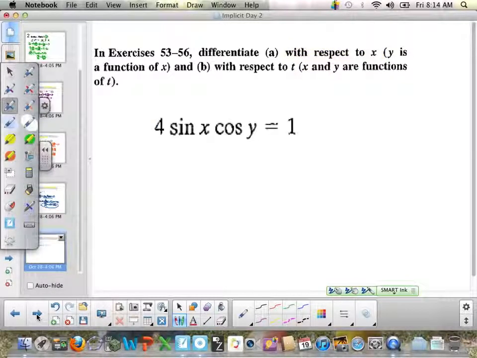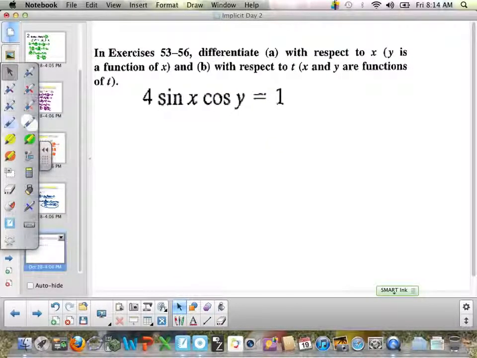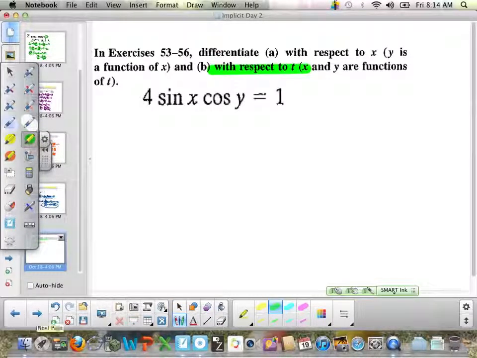Okay, last problem. Same thing with respect to t. Steps are very similar. We'll go first, 4 sine x times the derivative of the second.